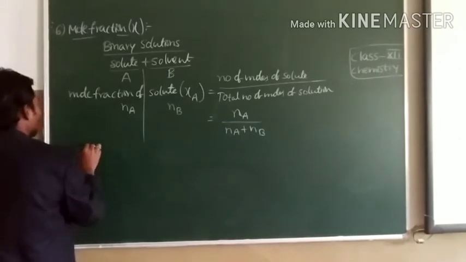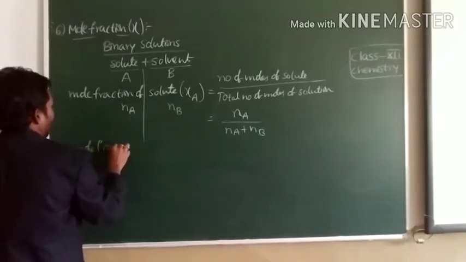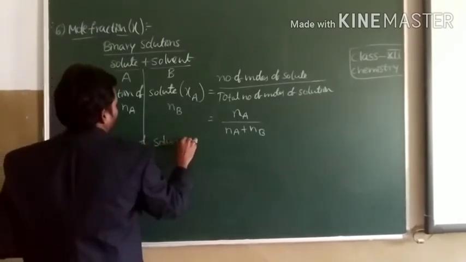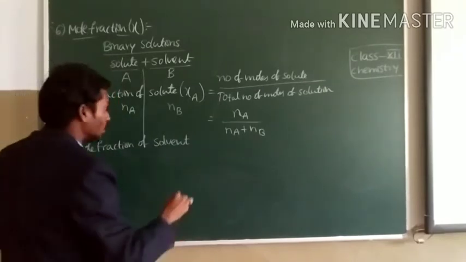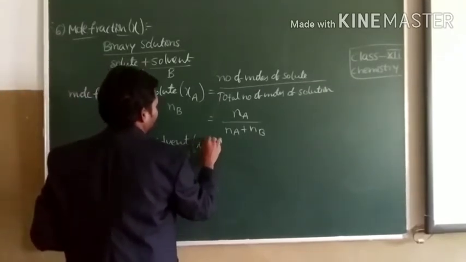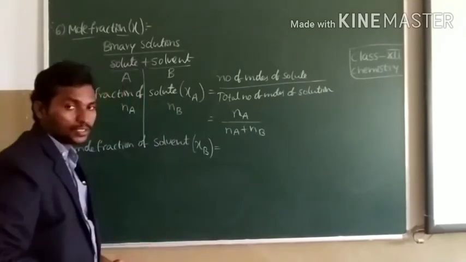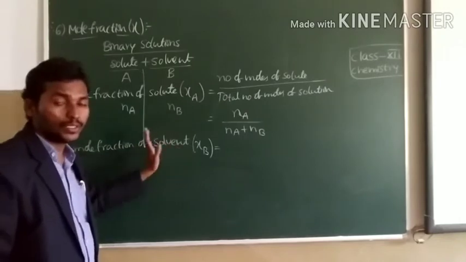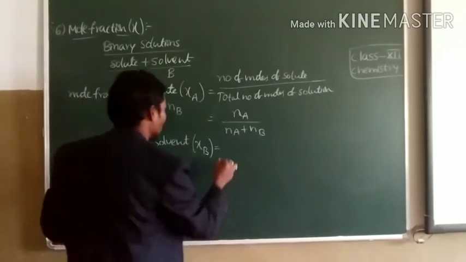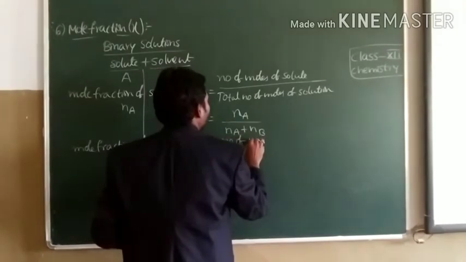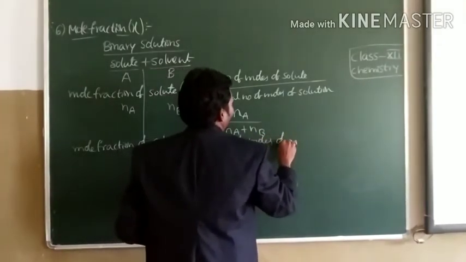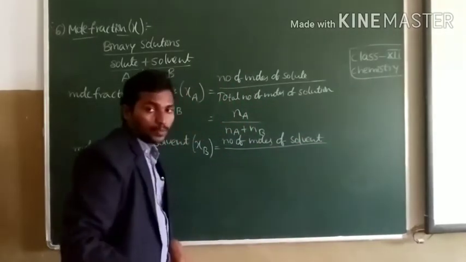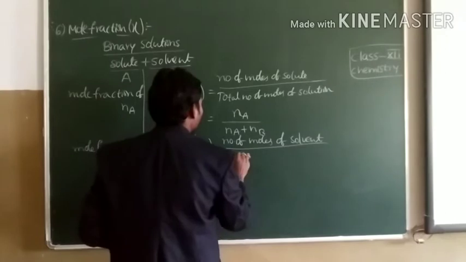Next, mole fraction of solvent. Mole fraction of solvent is denoted by chi B. Chi B means mole fraction of solvent. How can we define mole fraction of solvent? Number of moles of solvent by total number of moles of the solution.